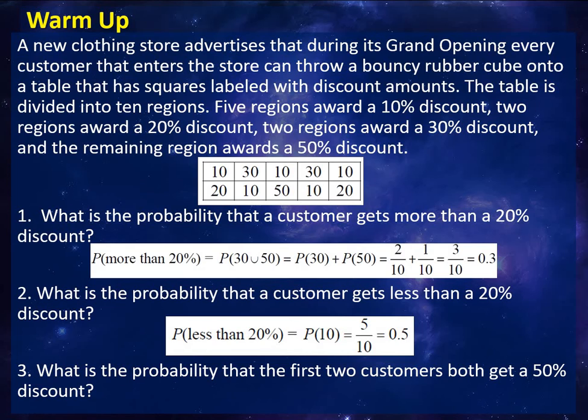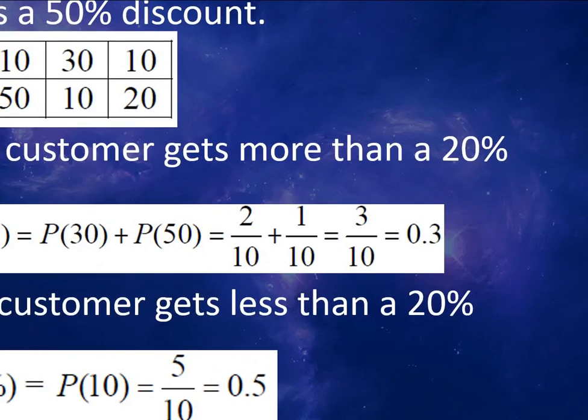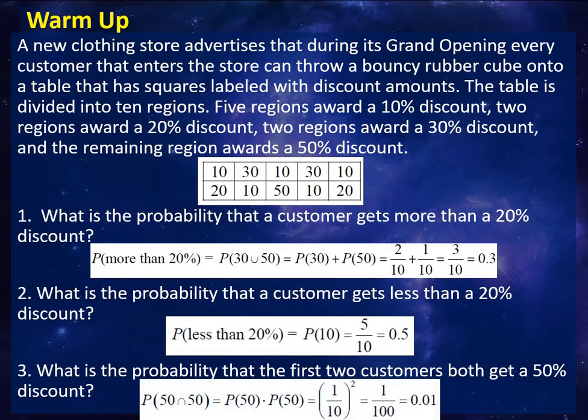How many of them are possible to get a 50% discount? 1. So 1 out of 10, times 1 out of 10. I would have just written 1 out of 10 squared, and then the answer is 0.01.